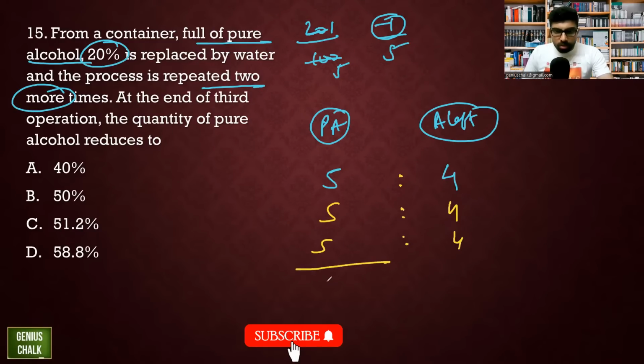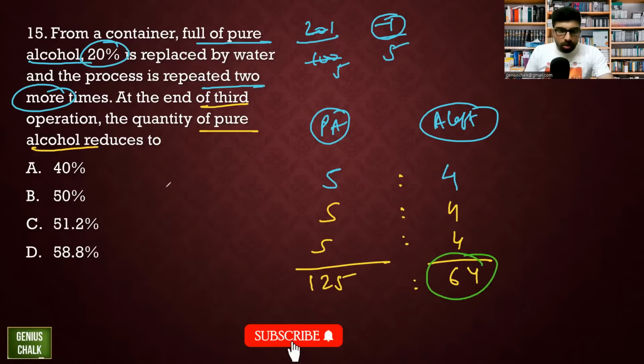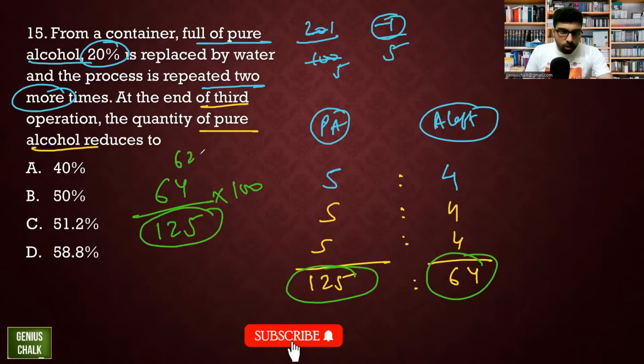That means the total was 125 and it has come down to 64. At the end of third operation, the quantity of pure alcohol reduces to what? Fine. So this is the quantity of pure alcohol I'm having. That is 64. So 64, and this was the actual value. 64 out of 125 is what percent? So you know, its half is actually 62.5.